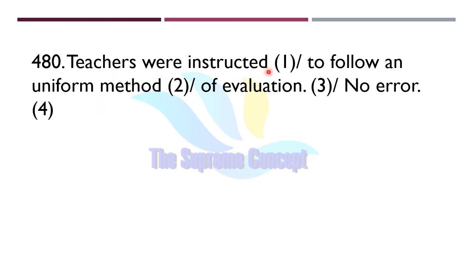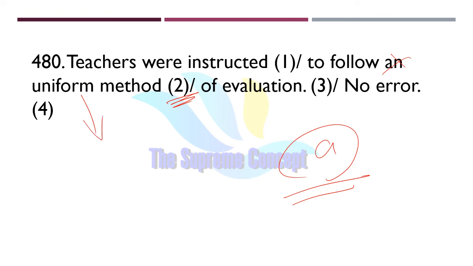Teachers were instructed to follow an uniform method of evaluation. So just mark your answer here. Alright, your error lies in part number 2. See, an is actually wrong, we will use the article a here, not an, because if we pronounce uniform, it gives a consonant sound like y.